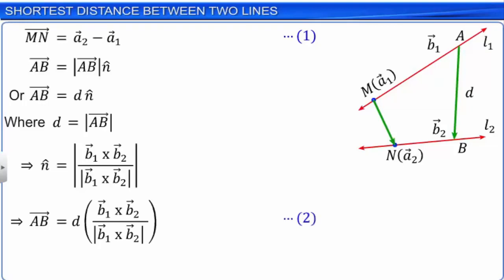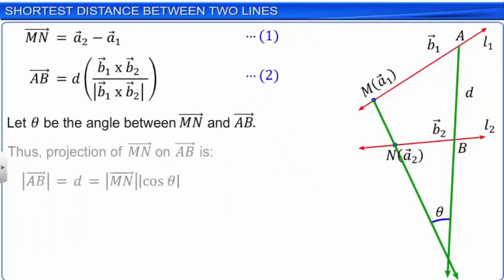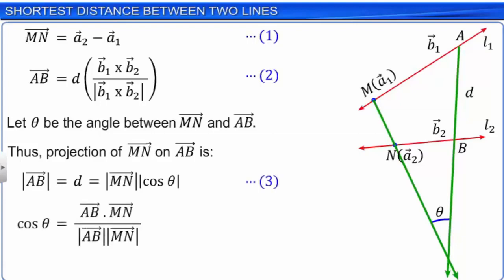Let theta be the angle between vectors MN and AB. Thus, the projection of vector MN on the shortest distance vector AB is given by equation 3. Cos theta is also given by the dot product of vectors AB and MN divided by the product of their magnitudes. Let this be equation 4.